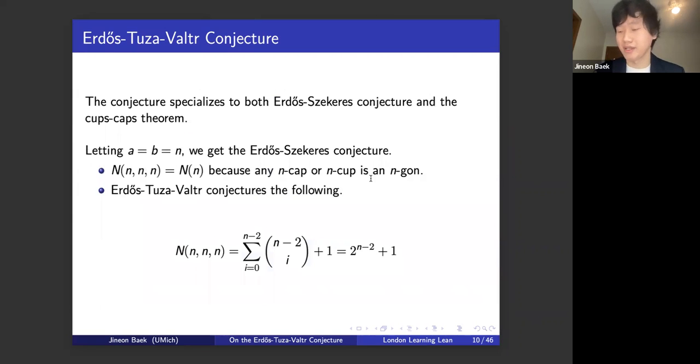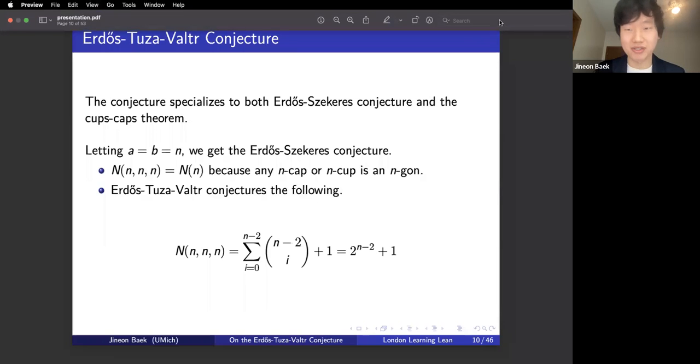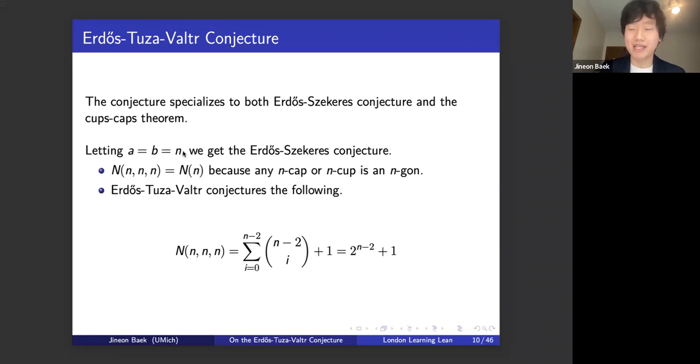So let me explain why this conjecture specializes to the Erdős-Szekeres conjecture and the cups-caps theorem. By letting a and b equal n in the ETV conjecture, we retrieve Erdős-Szekeres. The reason is this: N(n, n, n), forcing an n-gon, an n-cap, or an n-cup, is just equal to forcing an n-gon, because forcing an n-cap or n-cup already forces an n-gon.